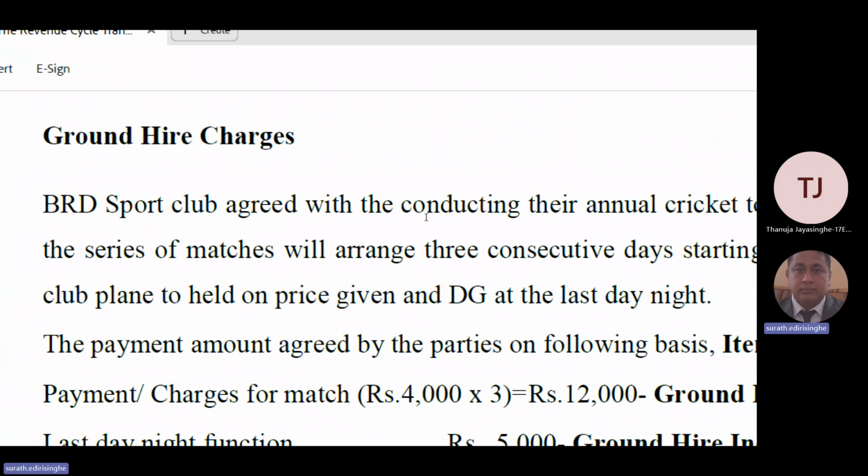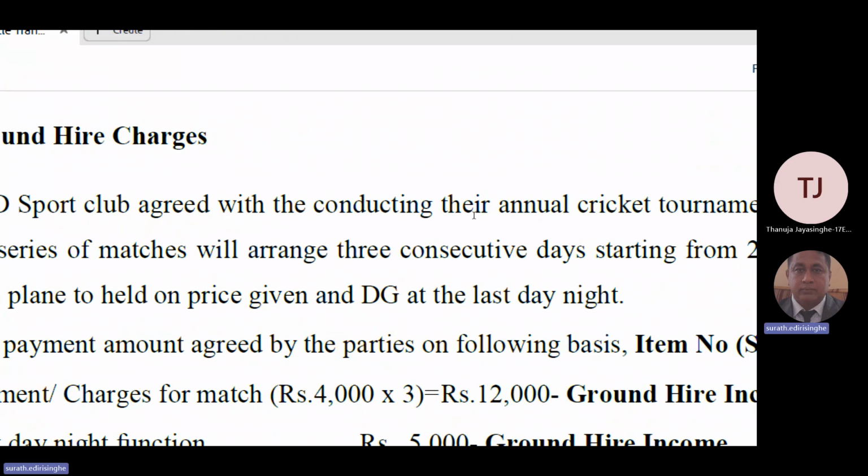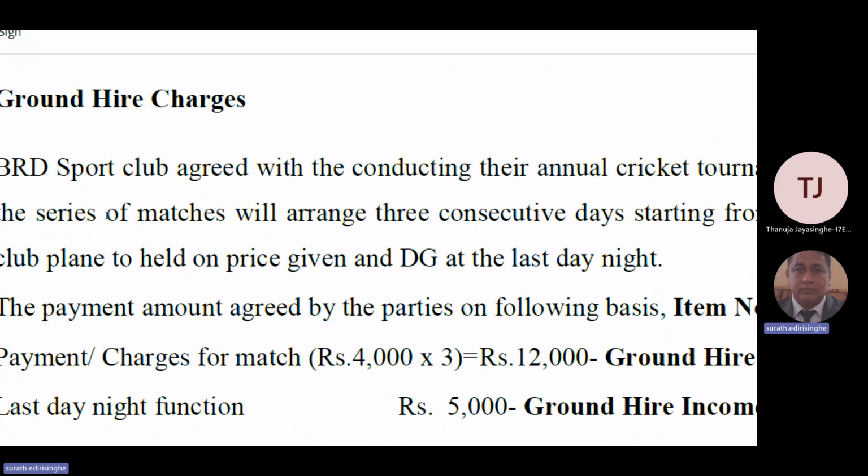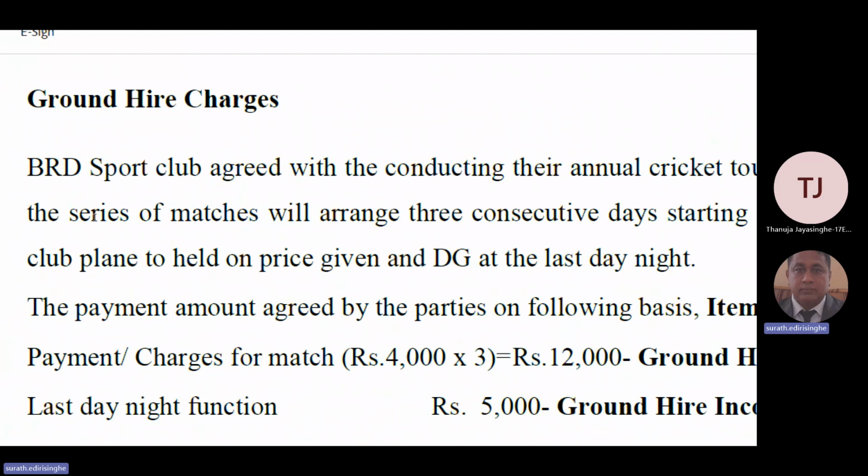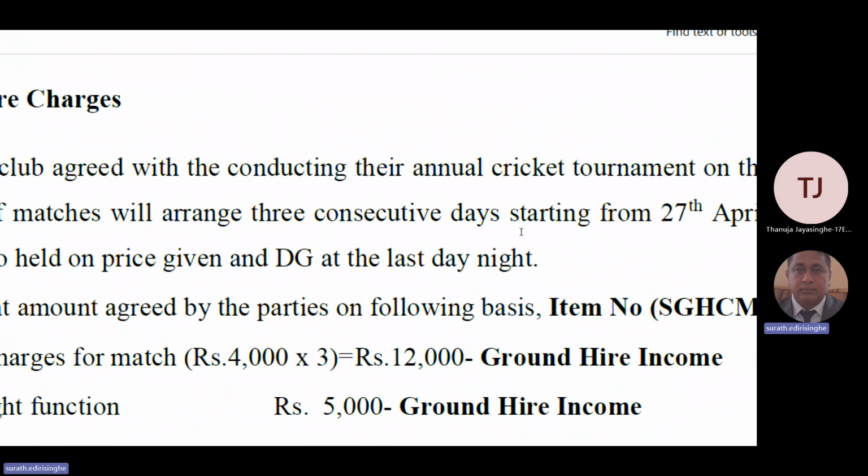The payment amount parties agreed on the following basis for the payment on matches. The club rate is 4,000. Previously we decided 4,000 by 3 days. That income should be credited to your ground hire income.